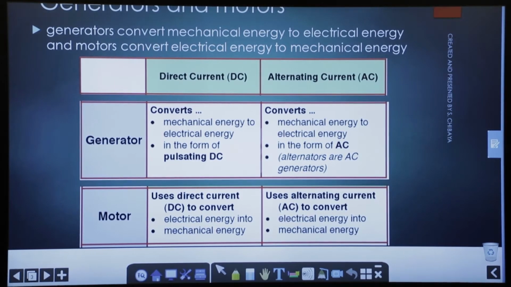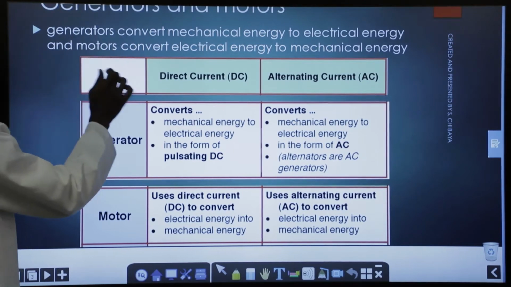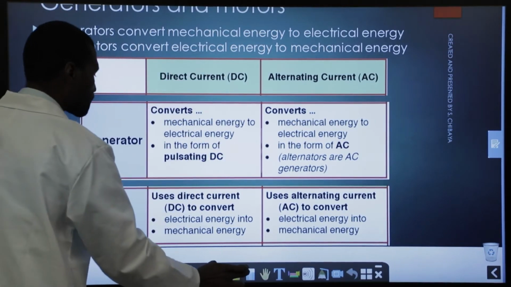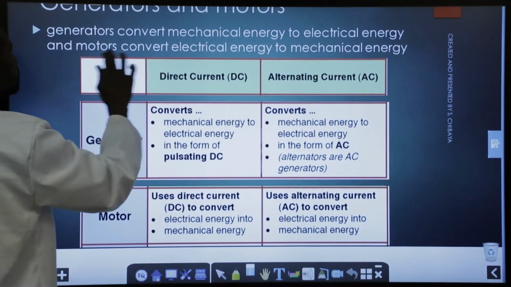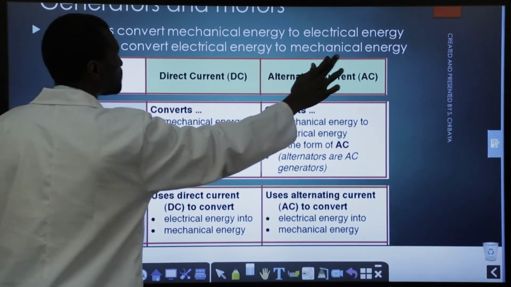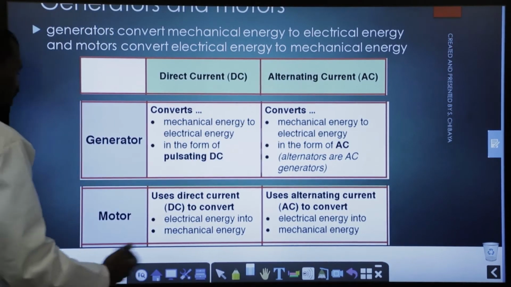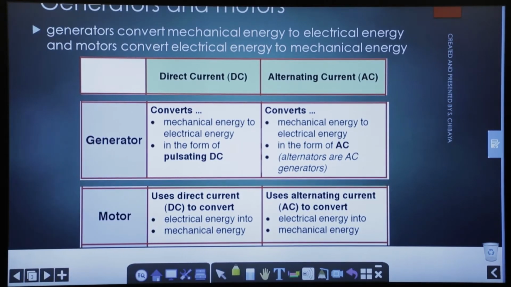And motors convert electrical energy to mechanical energy. In other words, you can think of them as being the opposite of each other.